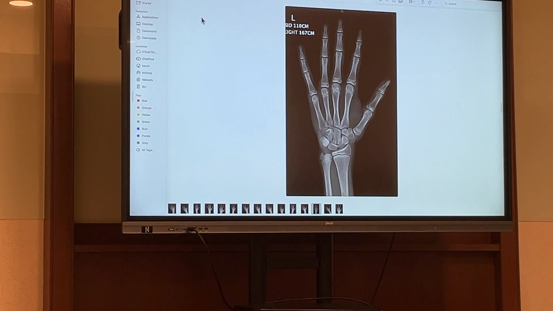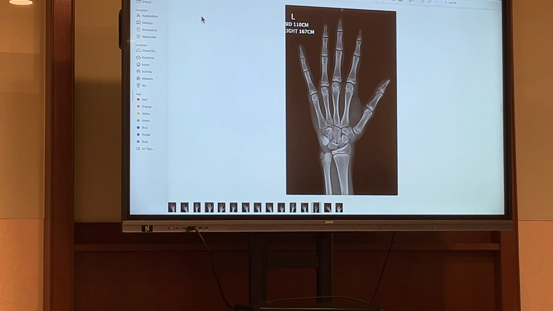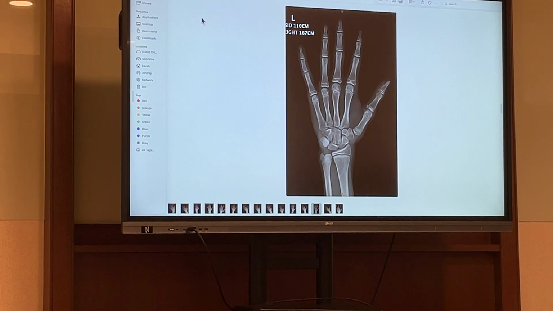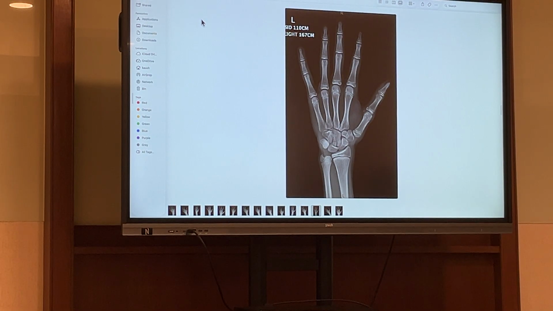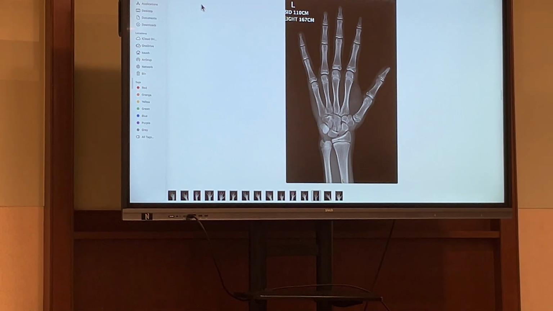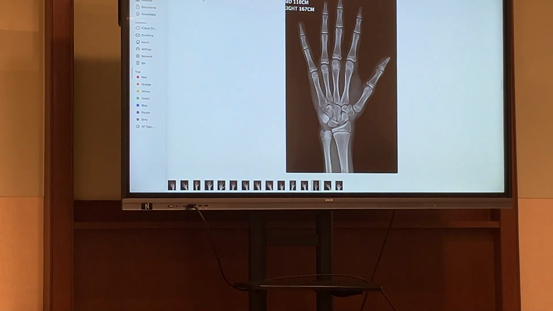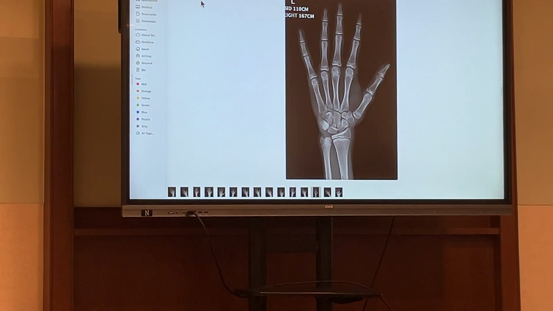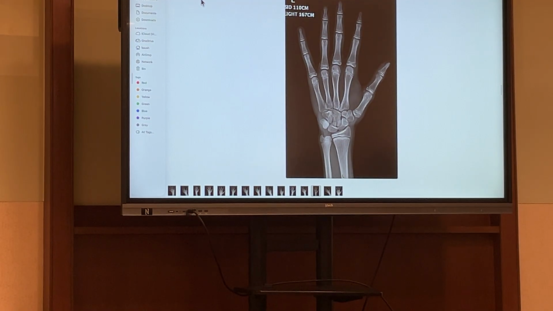What about this? You can see, right? When you can see sesamoid, how can you say 2? Sesamoid is 3.